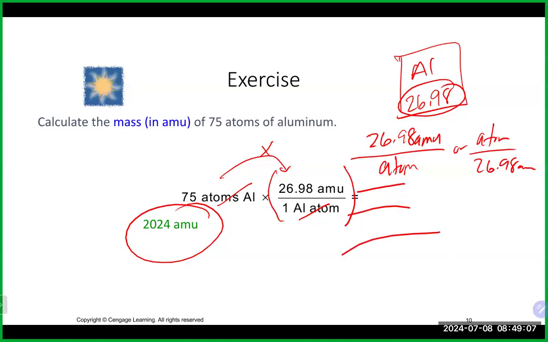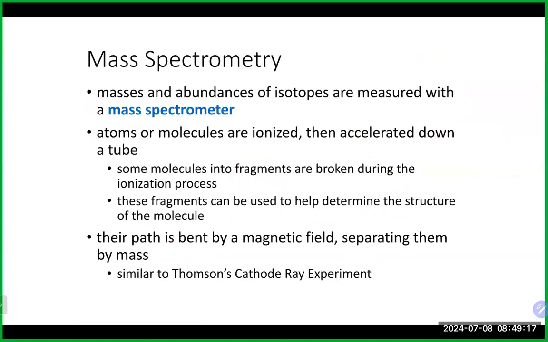All right, so how do we know the relative abundance and the percentage of each of these naturally occurring isotopes? We can use something known as mass spec, and the masses and abundance of isotopes are measured with a mass spectrometer.